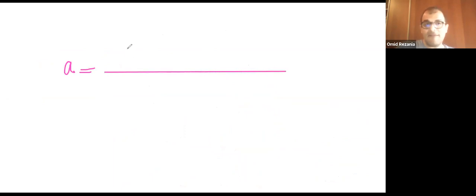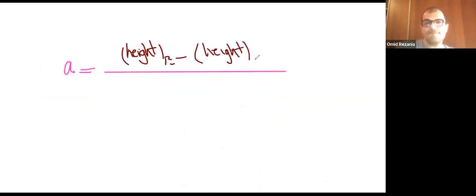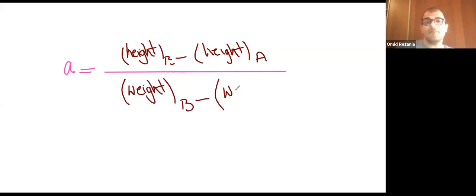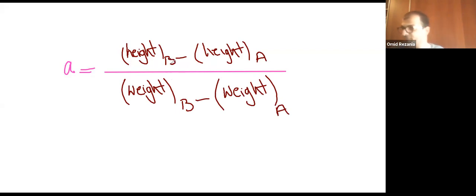It's going to be height of woman B minus height of woman A divided by the weight of woman B minus the weight of woman A. That's essentially what it means.